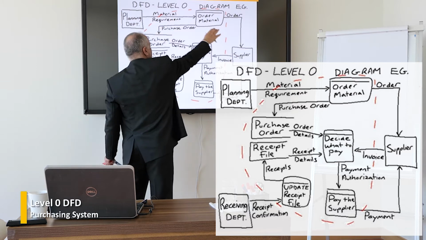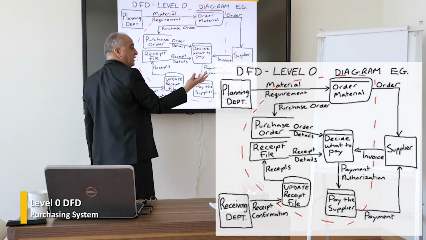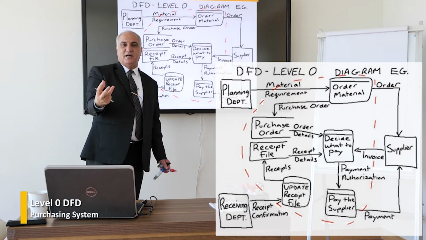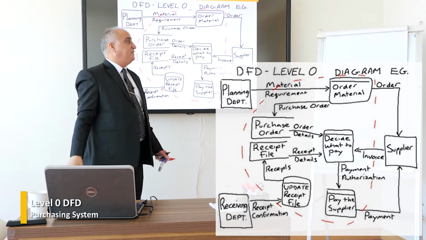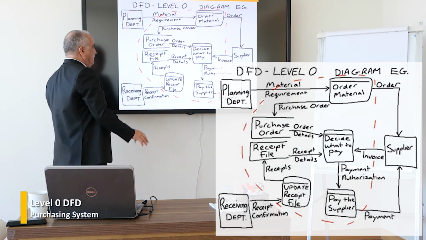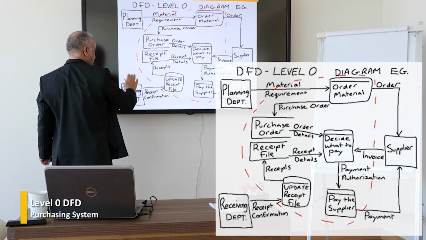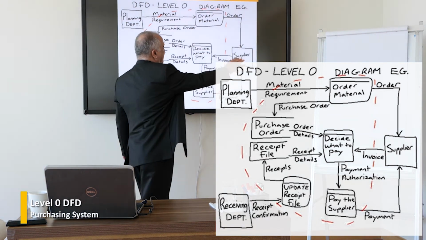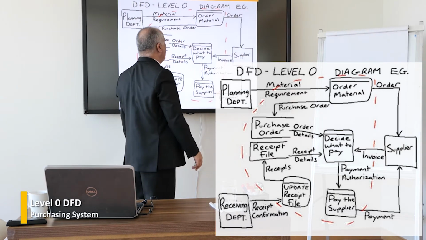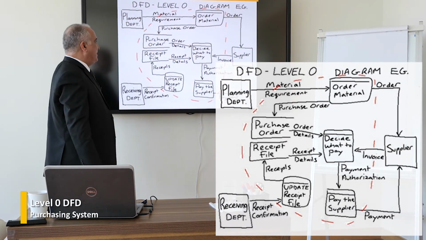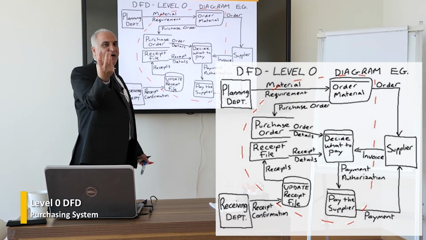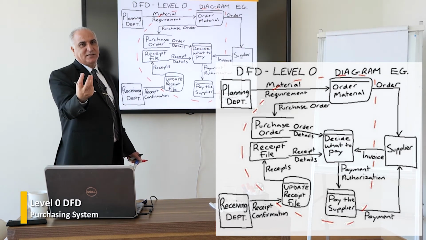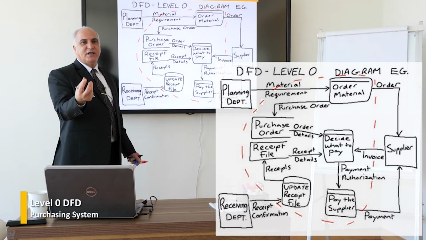Everything under the red dotted line is presented as a purchasing system, in our example, ABC company. Again, department, receiving, supplier. So let's understand how many processes we have. In the context diagram, we have only one process, which we call purchasing system.